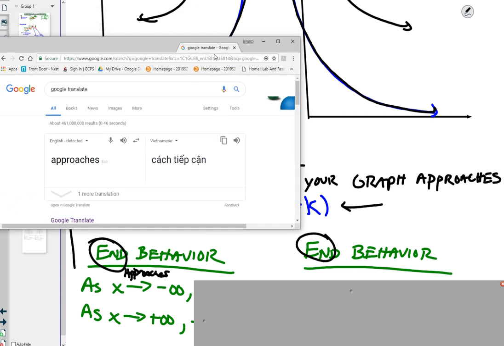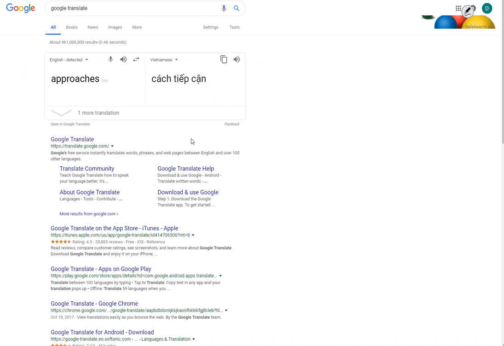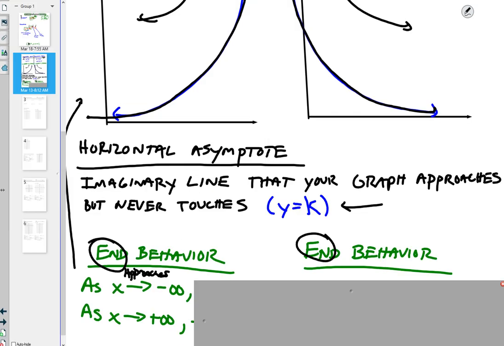Does that make any sense? It does? Approaches? Okay, that's what the arrow means. Approaches. Her Vietnamese is stronger than yours?